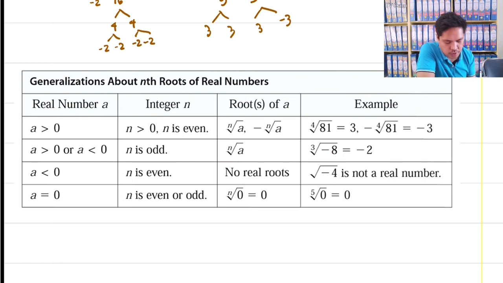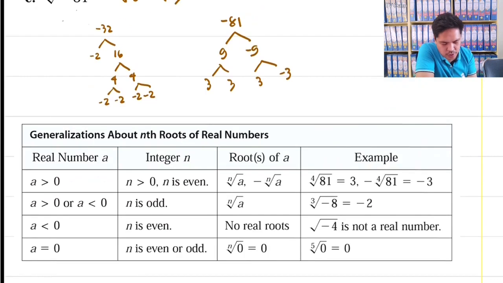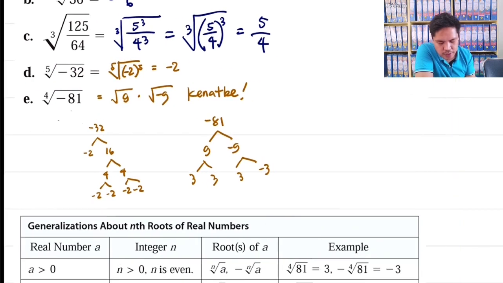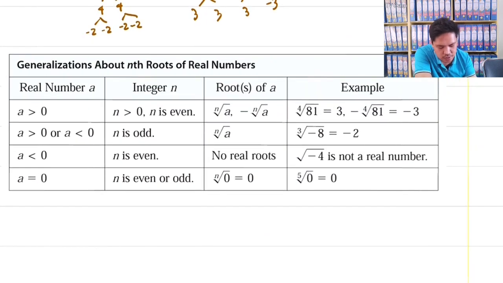Okay? So, meaning, kanina, same sa dito. The radicand could be negative if the index is odd. Okay?